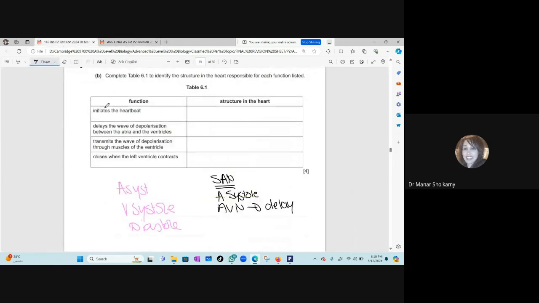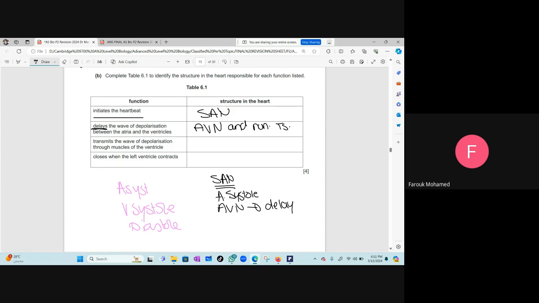Okay, so here, what will initiate the heartbeat? What structure in the heart will initiate the heartbeat? The sinoatrial node. Good. What will cause a delay? The atrioventricular node. What else? The non-conducting tissue. Good. The non-conducting tissue found where?